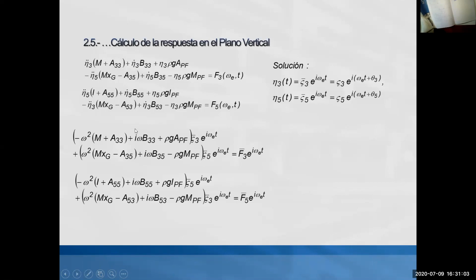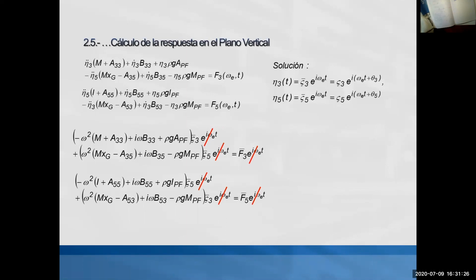So all of these are constant times zeta 3 times that. All of these are multiplied by zeta 5, these multiplied by zeta c, this multiplied by zeta 3, and that's it. So you see that all of these terms have this common term. So we can cancel.